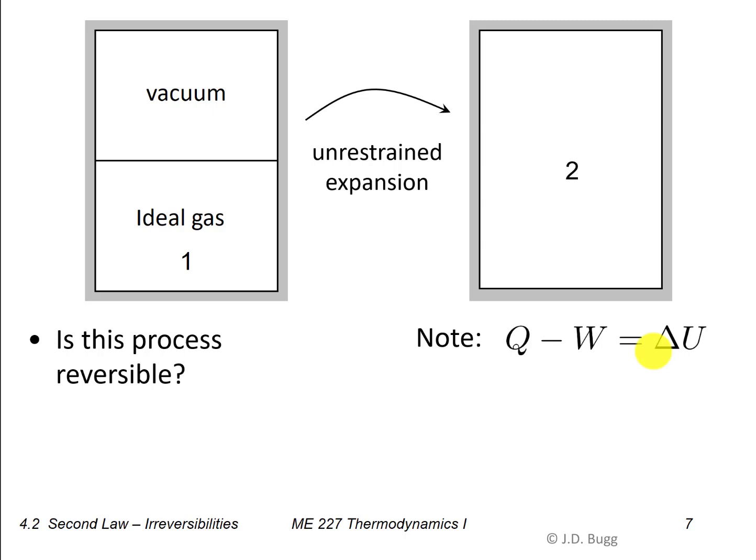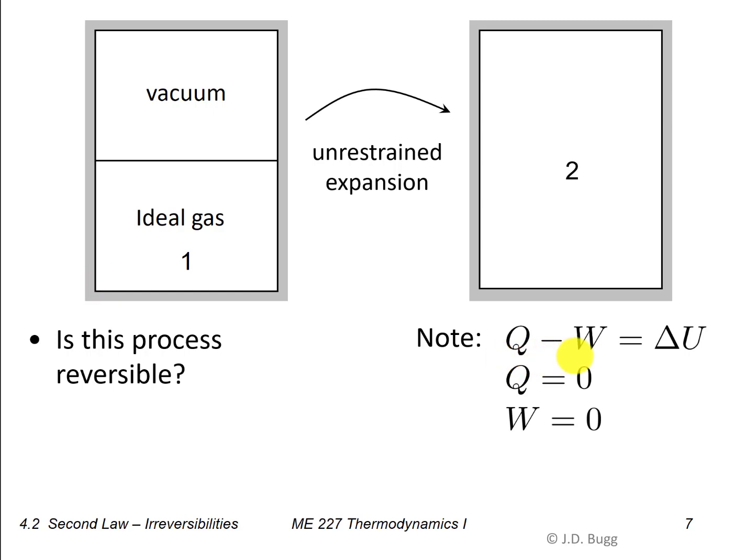The heat transfer, Q, is 0 because this is an insulated container. The work transfer, however, is also 0 because notice if we look at the boundary around this thing, there's no transfer of work across that boundary. There's no moving or rotating shaft or any mechanical connection between what is inside and what is outside. So work transfer is also 0.